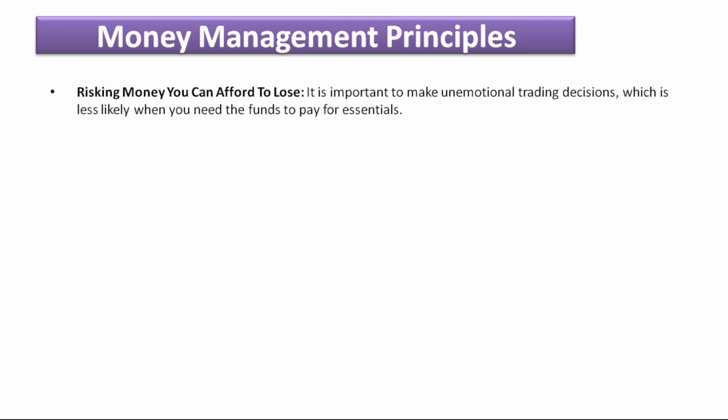Now, that doesn't mean that the money you cannot afford to lose should be your capital. It can be a portion of your capital. So if I'm having $2,000, the money I can afford to lose is a portion out of the $2,000. That is what we are talking about here.